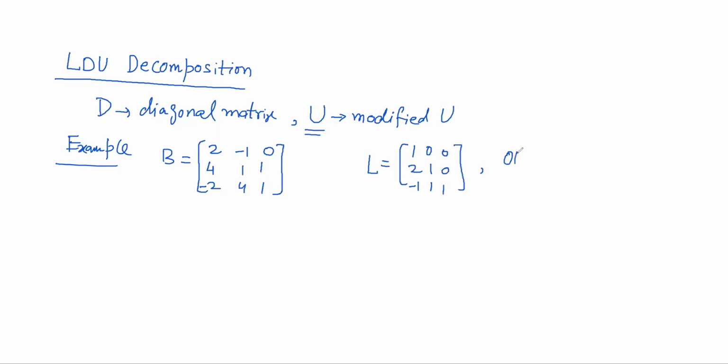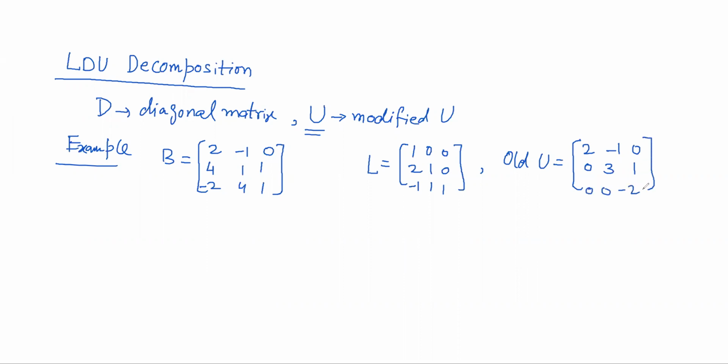And its old U, that means the U which we found previously, was this: 2, -1, 0, 0, 3, 1, and then 0, 0, -2.